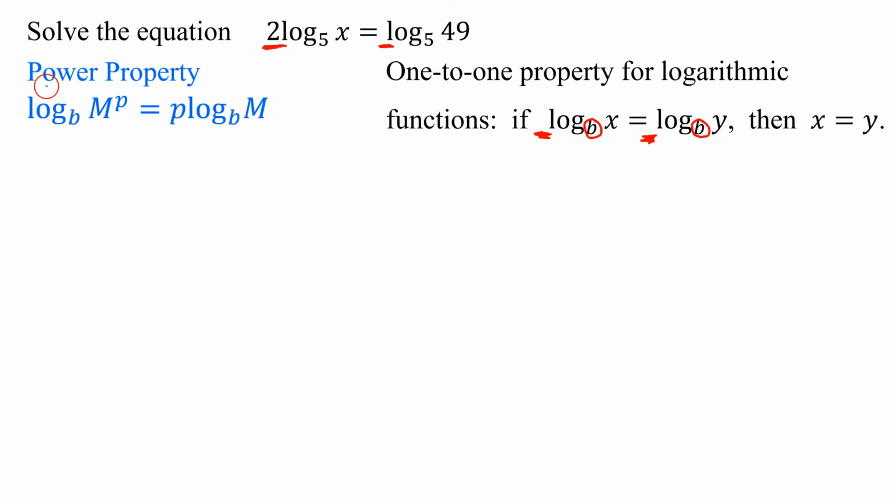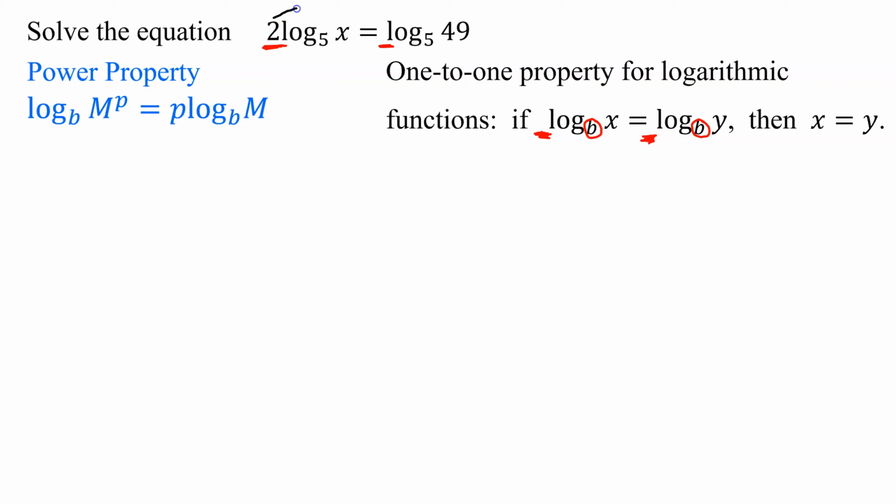And to do that, I'm going to use the power property of logarithms. I'm going to be going in the direction from right to left. So if I have a constant p times log to the base b of m, that p can be moved up and become an exponent on the m. So that's exactly what I'm going to do here.